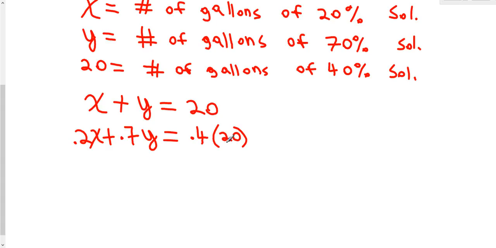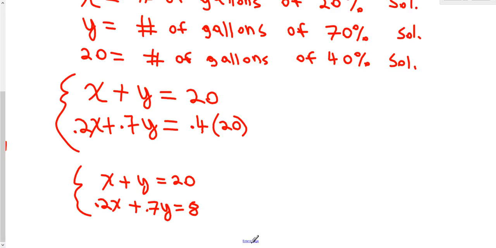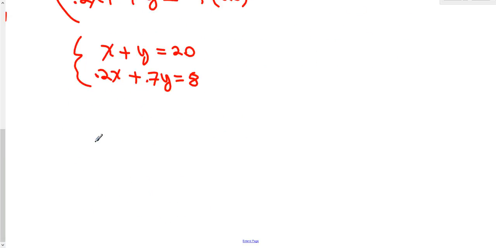I can simplify this second equation a little bit. The first equation is still x plus y equals 20. But I can multiply 0.4 times 20 to get 8. So I'll have 0.2x plus 0.7y equals 8. And there I have my system of equations that I can solve to find x and y.